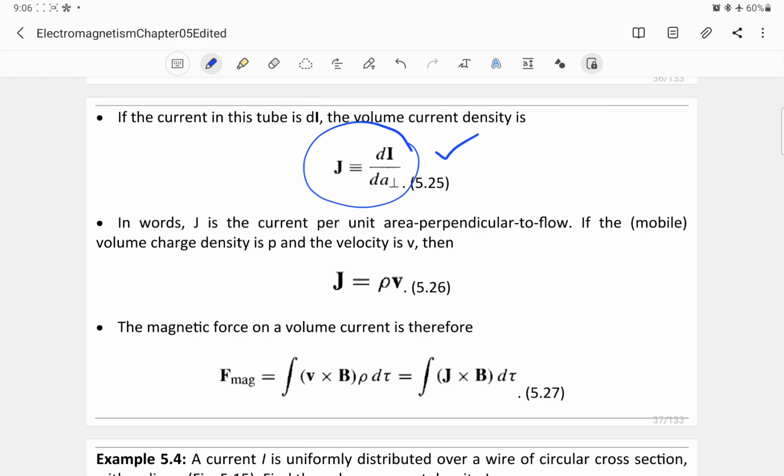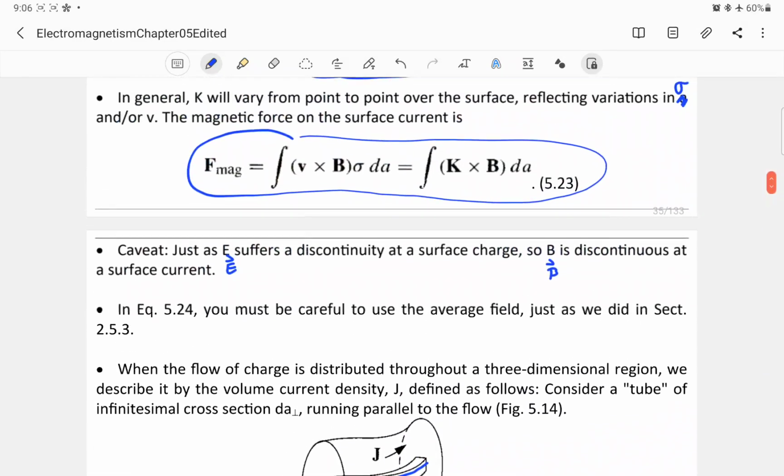If the mobile volume charge density is rho, and the velocity is v, then your current density, or current per unit area, would be rho times v. So our magnetic force on a volume current is equal to this. You have to be careful in solving problems. When you have a sheet, you use this formula.